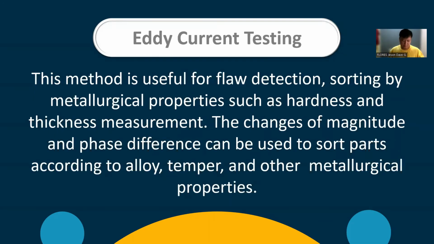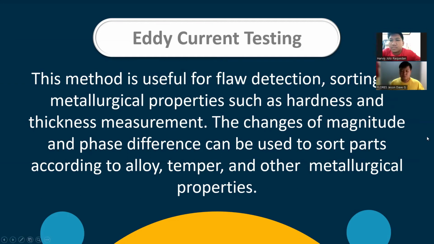And lastly, eddy current testing. This method is used for flaw detection, sorting by metallurgical properties such as hardness, and thickness measurement. The change of magnitude or phase difference can be used to sort parts according to alloy temper and other metallurgical properties.